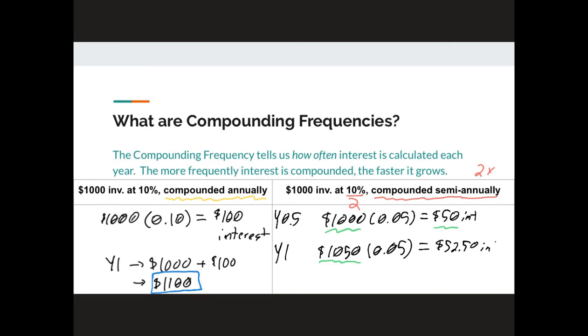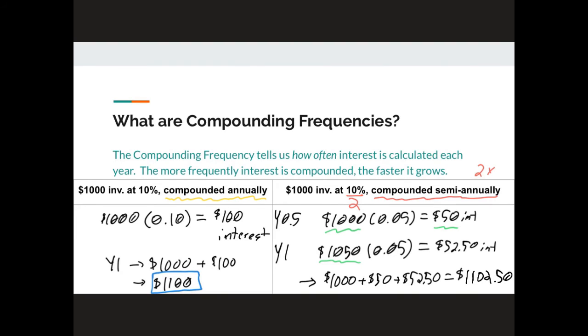And this would give us $52.50 in interest. So at the end of year one, we would add the $1,000 that we started with, the $50 that we earned halfway through the year, and the $52.50 that we earned at the end of the year, which would give us $1,102.50.